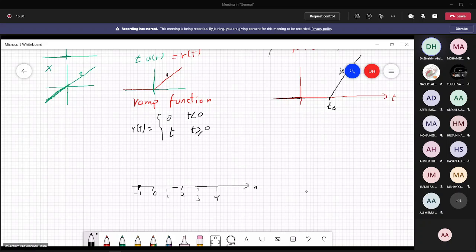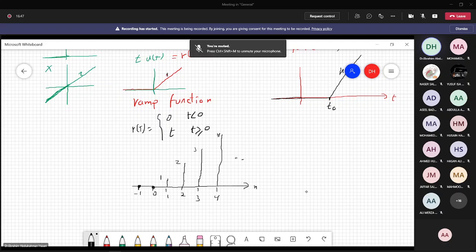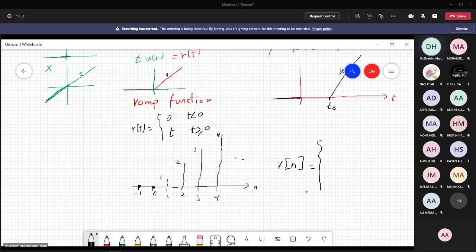When n is 0, this is equal to 0. When it is 1, it is equal to 1. 2 is equal to 2, 3 equal to 3, 4 equal to 4, and so on. So ramp in discrete is equal to 0 for n less than 0, and equal to n for n greater than or equal to 0.